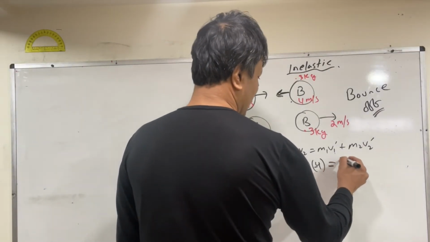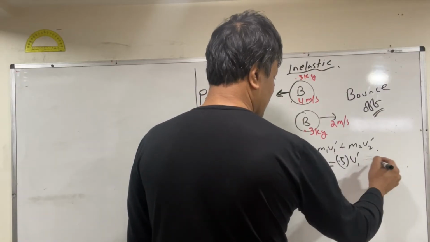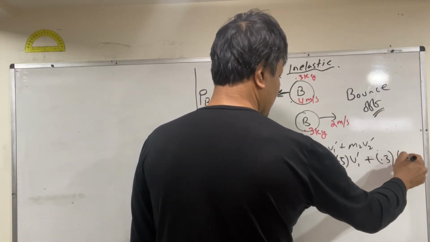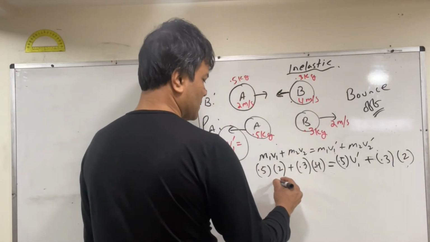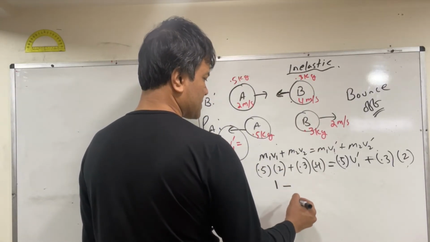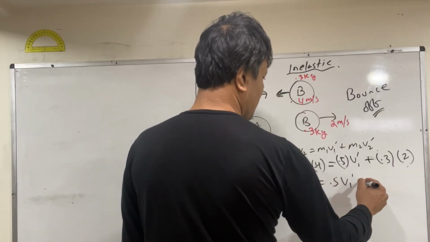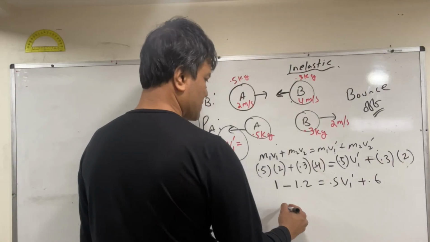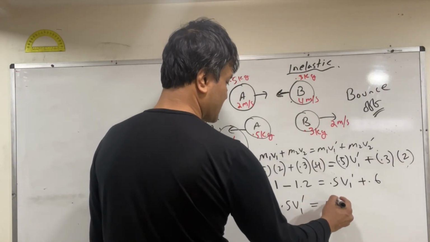m1 is 0.5, v1 is what we are trying to find, m2 is 0.3, v2 is 2. All right, so this is 1 minus 1.2 is equal to 0.5 v1 prime plus 0.6. So 0.5 v1 prime is equal to 0.8.